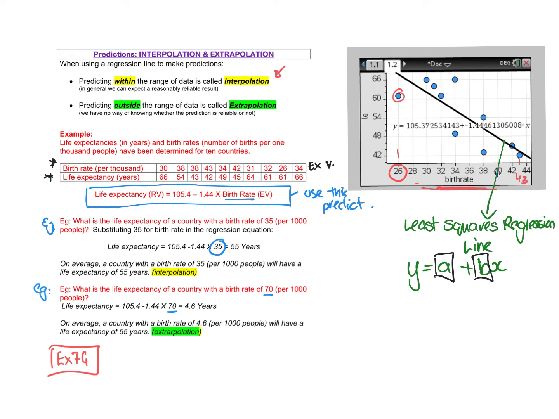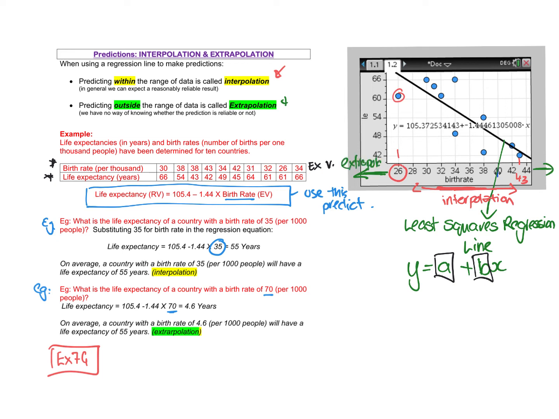When you predict within those values, that's called interpolation. We can't really comment on what's happening outside those values because we didn't test it. Extrapolation is outside the range we were looking at, so predicting anything less than 26 or anything more than 43.